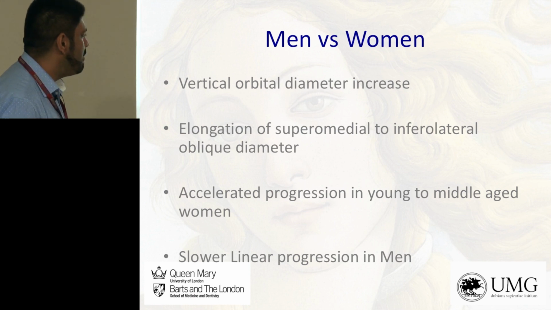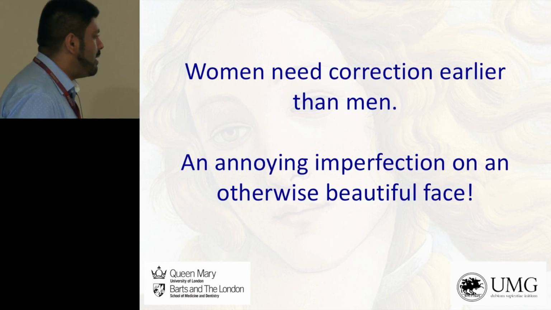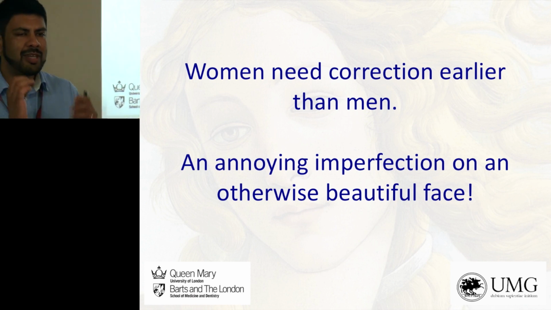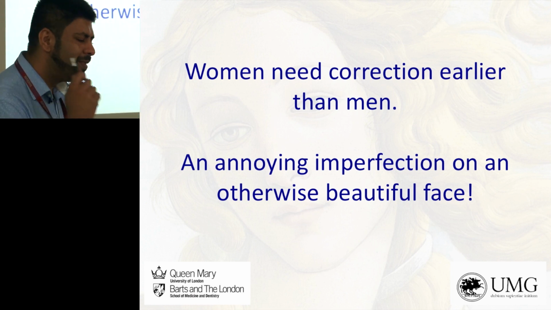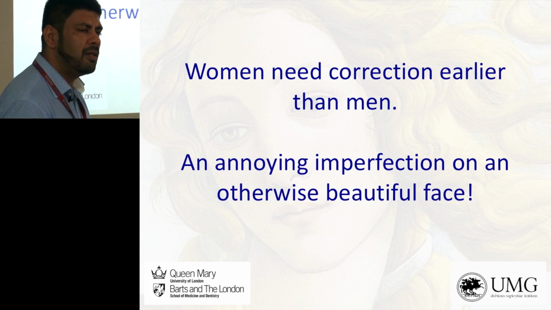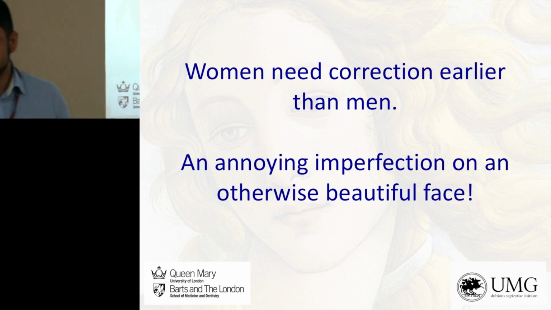But it seems to happen at a younger age in women, which is why women need earlier correction of the lower eyelid than men. You sometimes see a woman with a perfect face, and you say, you look fantastic, but you're just looking that little bit tired. Why? Because they're starting to develop tear trough problems.